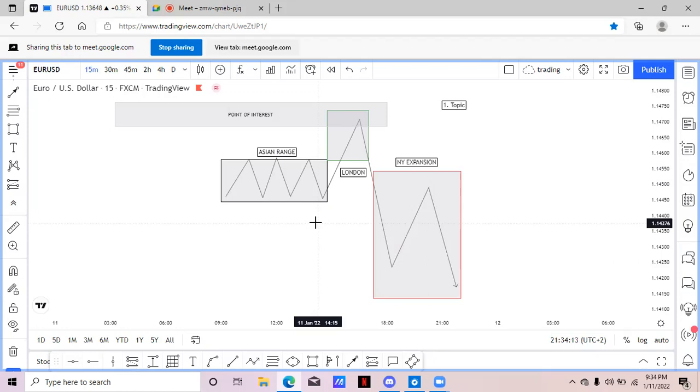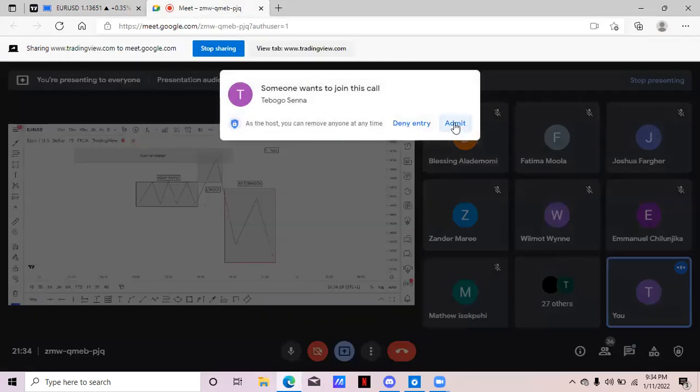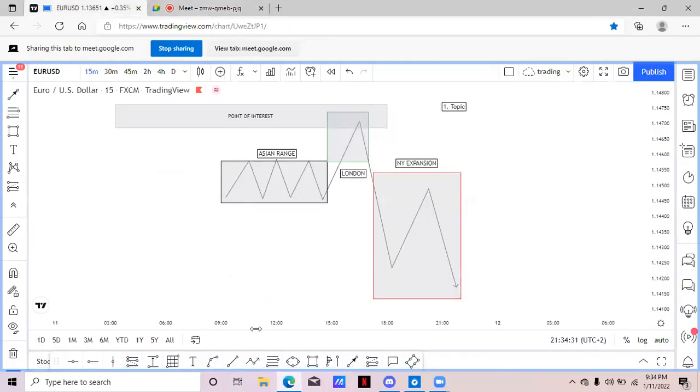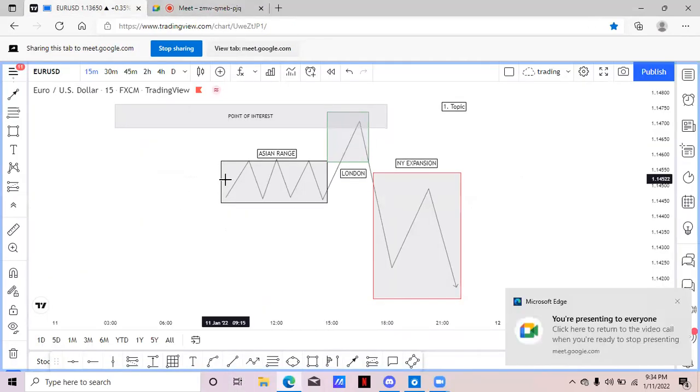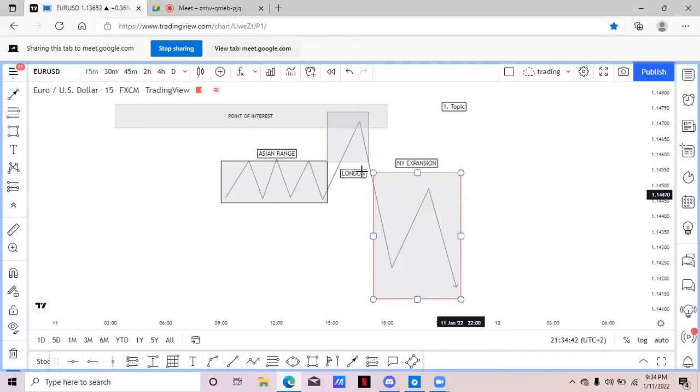So guys, this daily pip cycle is how the market is actually delivered each and every day. You see that price opens each and every day, price makes a high of the day or low of the day, vice versa, and then price rejects or goes to the upside.